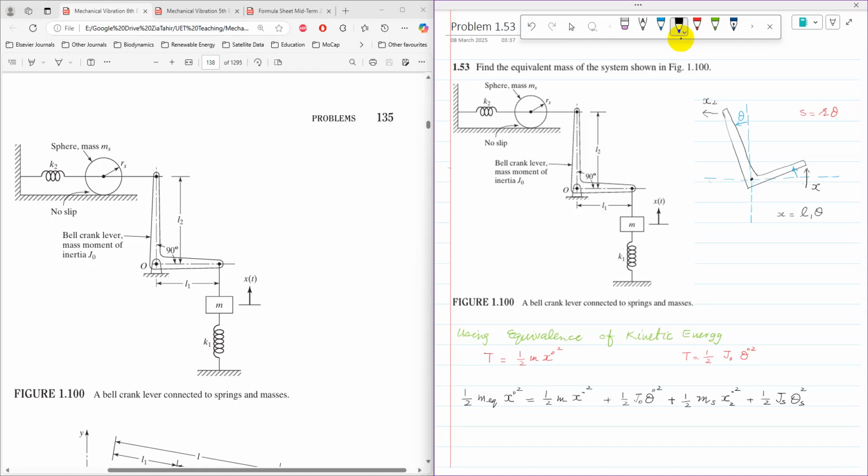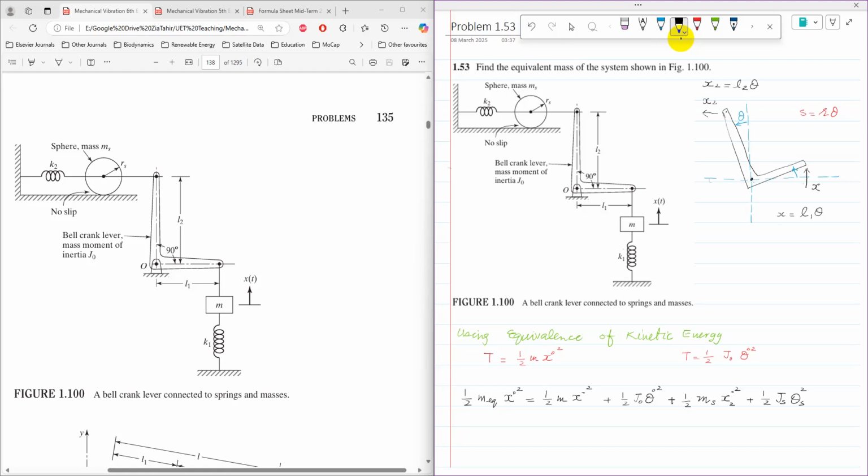And x2 will be equal to L2 times theta, because the displacement of the upper end, using s equals r theta, will be L2 times theta.